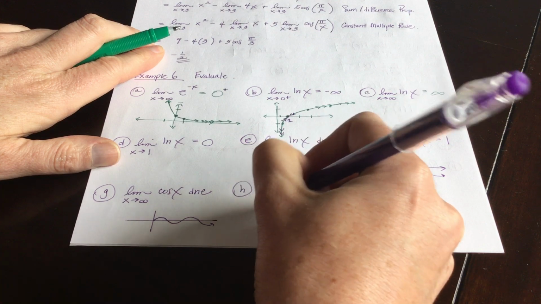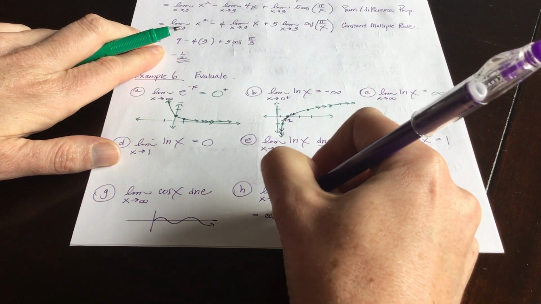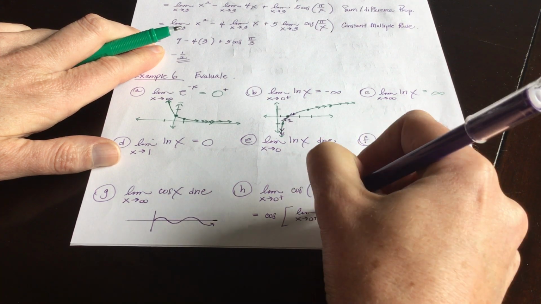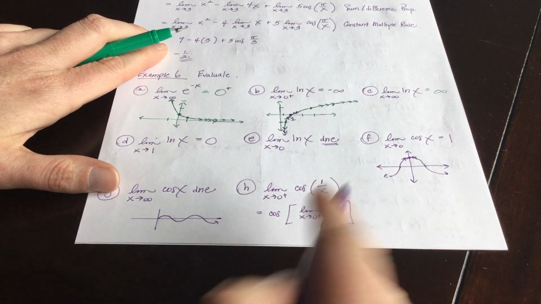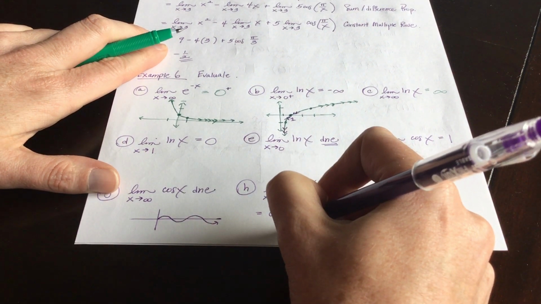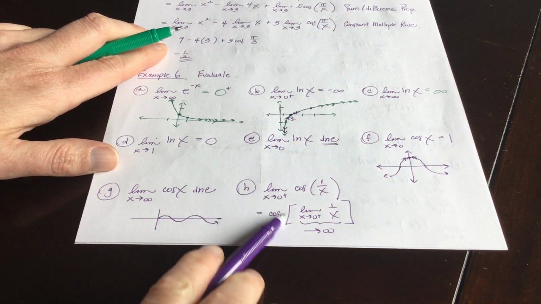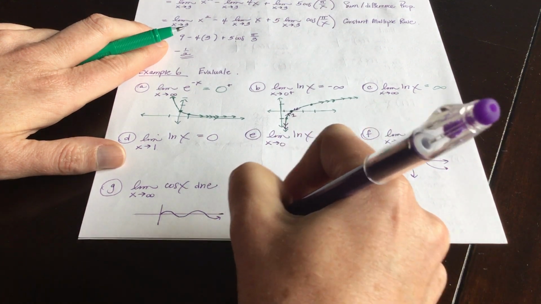This is limit as x approaches 0 from the right of cosine of 1 over x, which is the same as cosine of the limit as x approaches 0 from the right of 1 over x. And so this inside part would approach infinity. So really part H was part G in disguise. And so you would say does not exist.